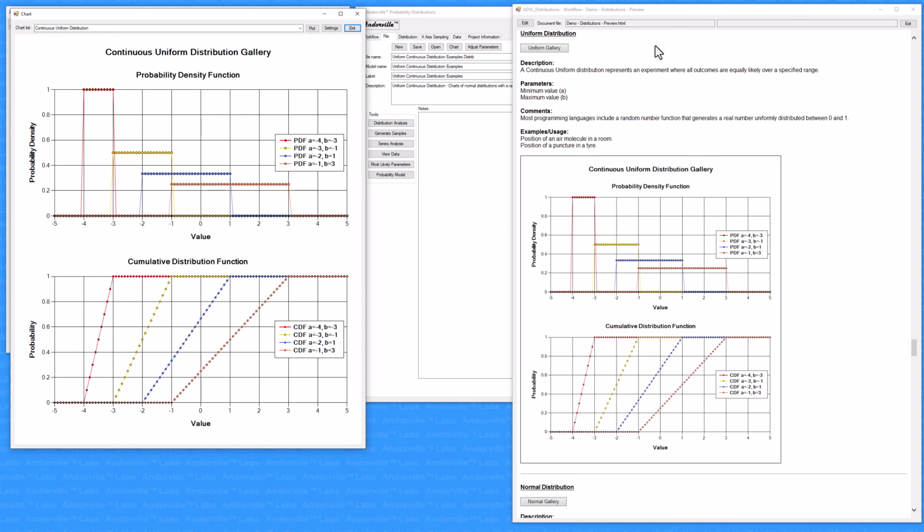Most programming languages include a random number function that generates a real number uniformly distributed between 0 and 1. A continuous uniform distribution could be used to model the position of an air molecule in a room or the position of a puncture in a tyre.